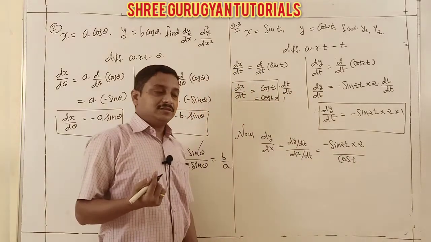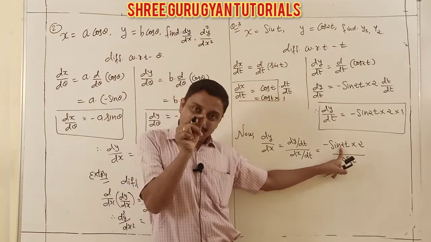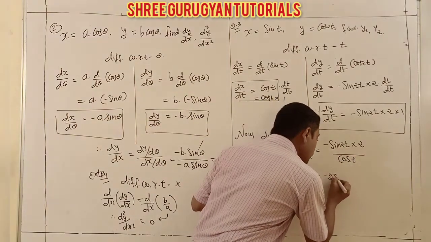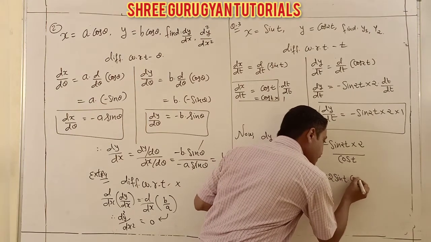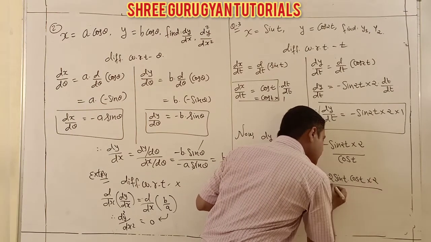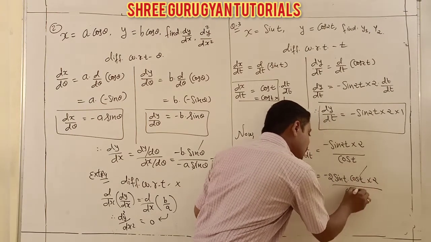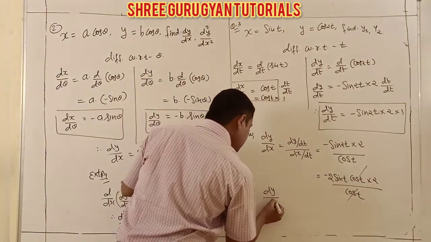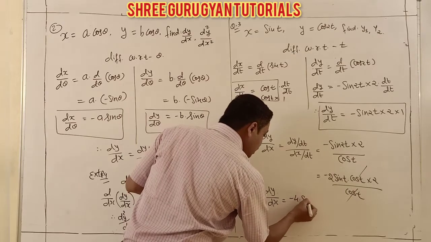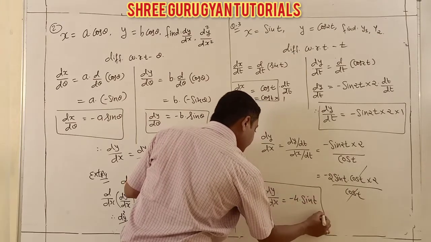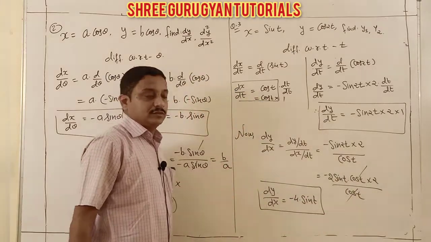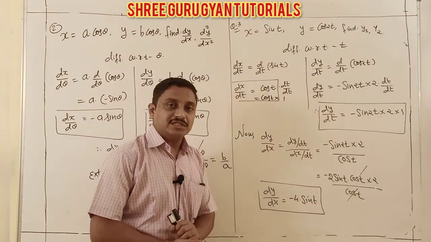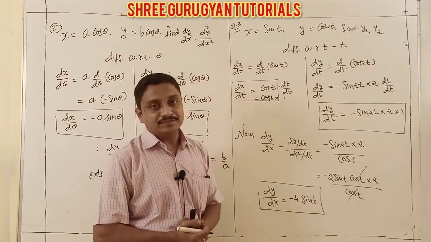Students, I think you know the formula: sin 2t is 2 sin t cos t. Yes, cos t cancels. So dy by dx is minus 4 sin t. This is your value. Yes, students, your first derivative is happily done.